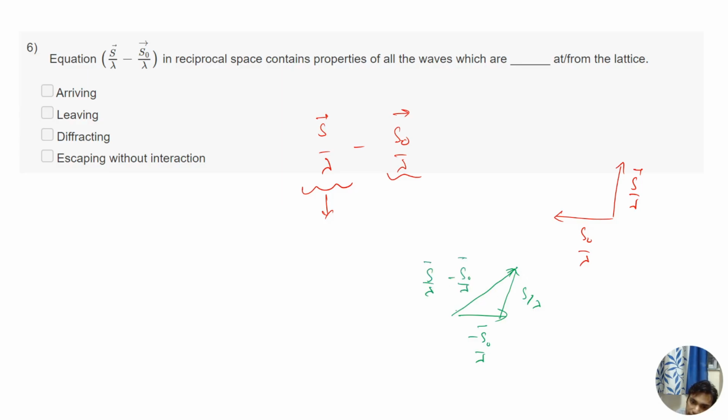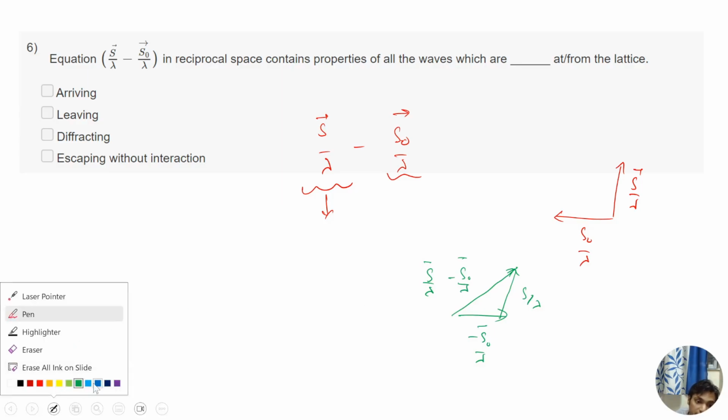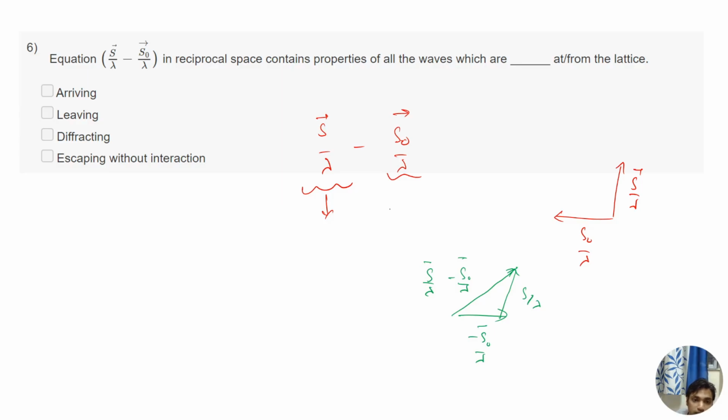And if this happens to fall on a sphere, then only it is diffracting. So it has information about the arriving wave vectors and the leaving wave vectors, but only if this falls on the Ewald sphere can we say that it has the information about the properties of the waves diffracting from the lattice.